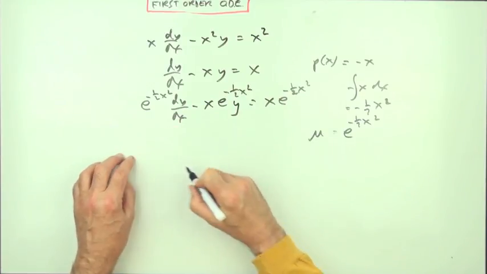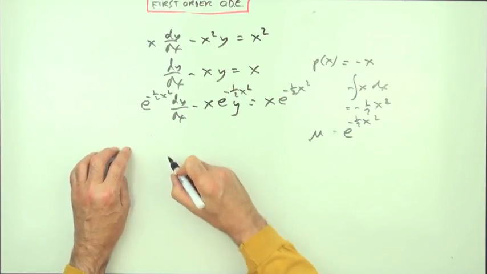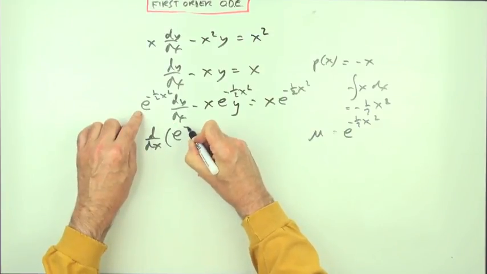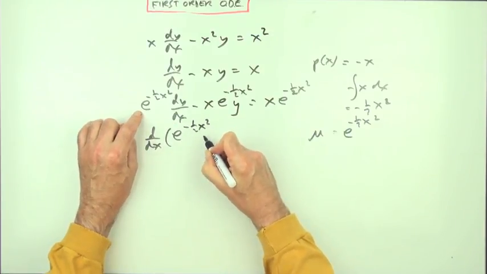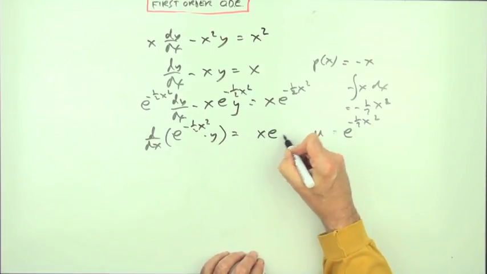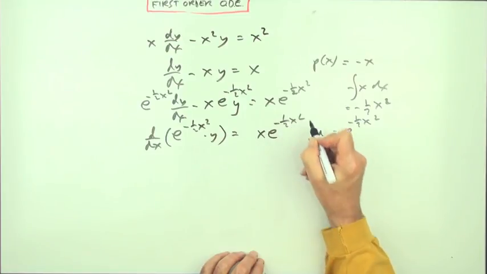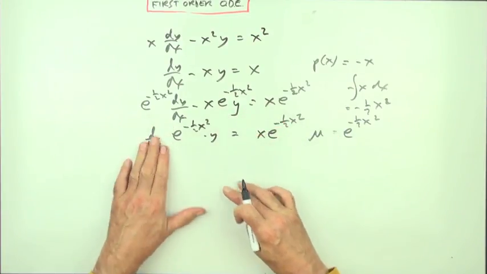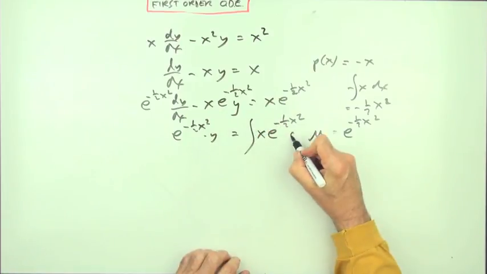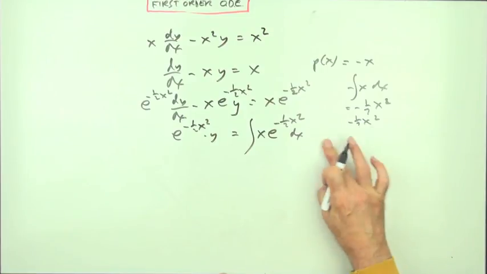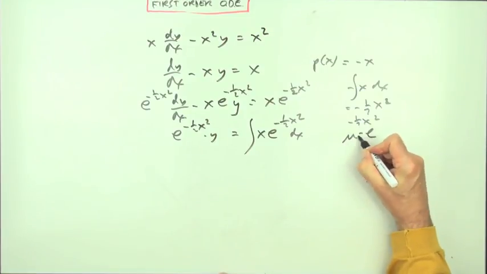So that just comes down to the derivative of this thing, e to the negative a half x squared times y, equals this though, x times e to that. I think I'll just save a bit of time just by going vroom, vroom, whoom, and whoom, being the appropriate integrating noises. Get that over there a bit. E to that.